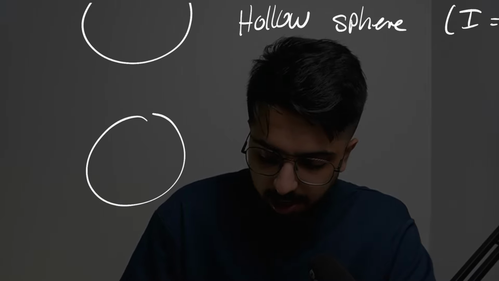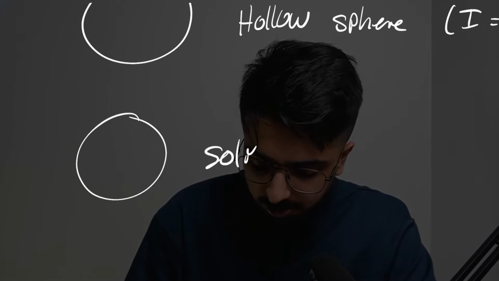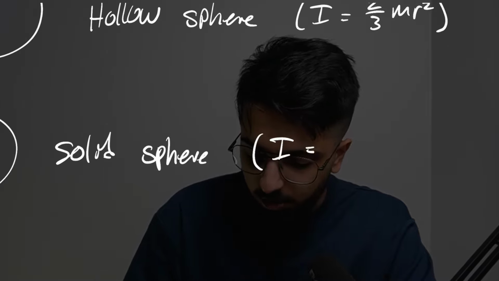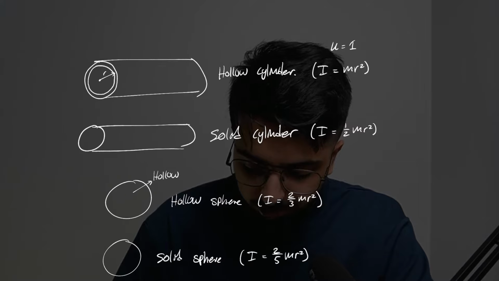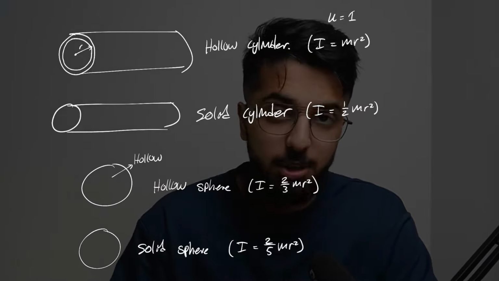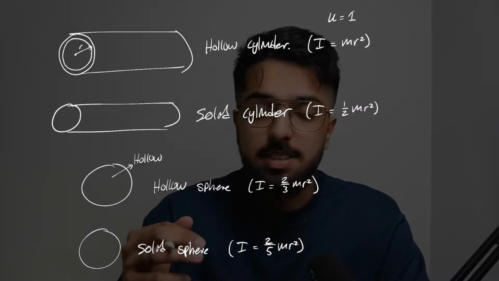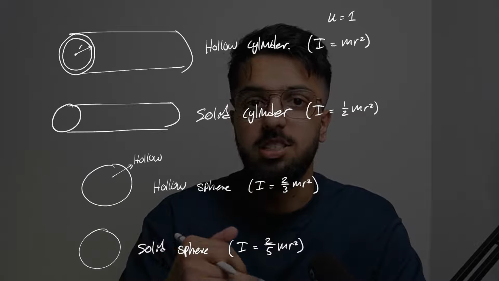And finally, we have a solid sphere. And this has a rotational inertia of 2/5 mr squared. Now, for level 3, you don't need to memorize these, so don't worry about memorizing these. You can write them down, for sure, but they will be given to you in the exam. What's more important is your ability to discuss the differences between the two.